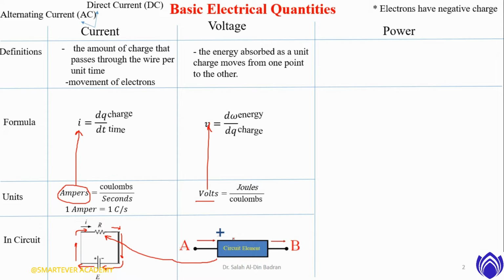It means high voltage, and the other side of the element is low voltage. So when this current passes through the element, it leaves positive here, high potential, and negative is the low potential.